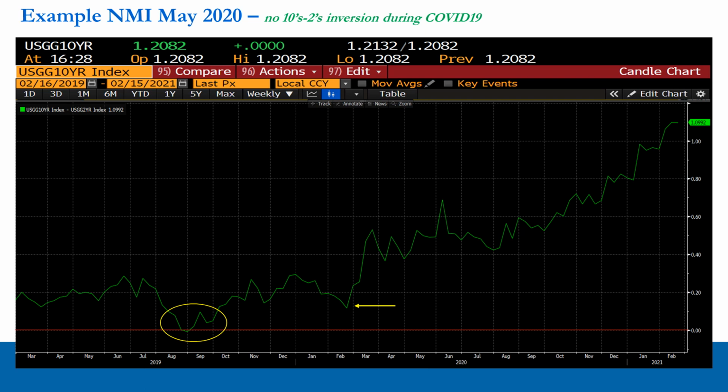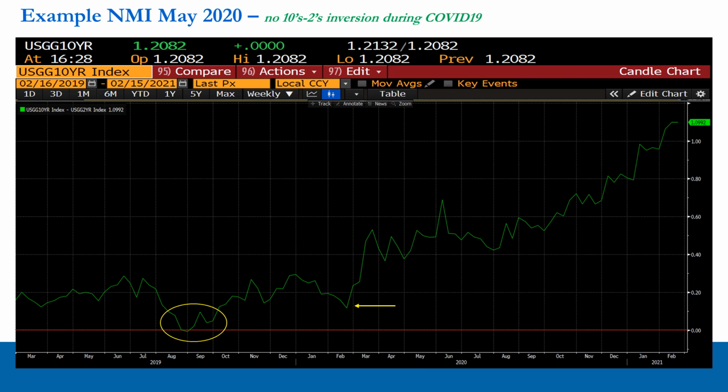And you can see where the 10s and 2s were at their 2020 low. So the 10s minus 2 spread, we can see its low towards the end of February 2020, and that was not indicating recession.